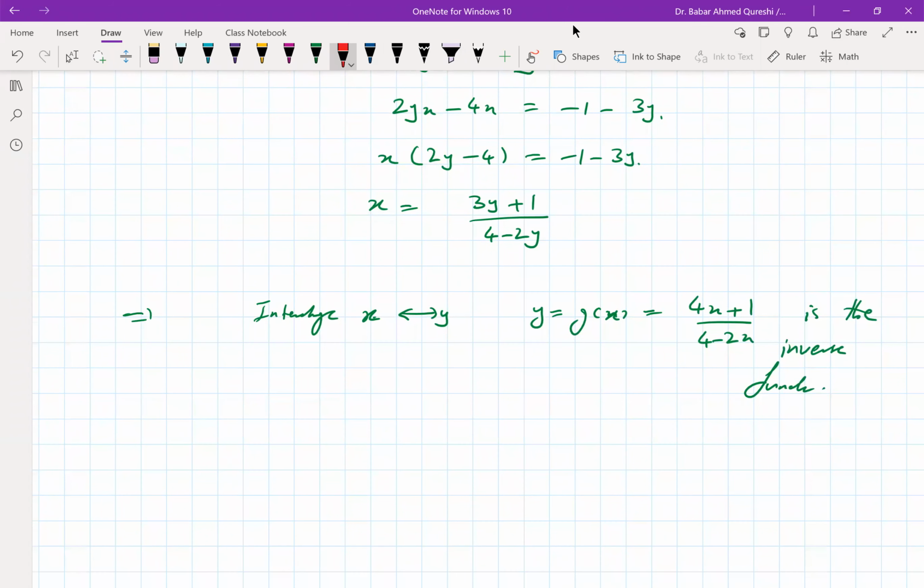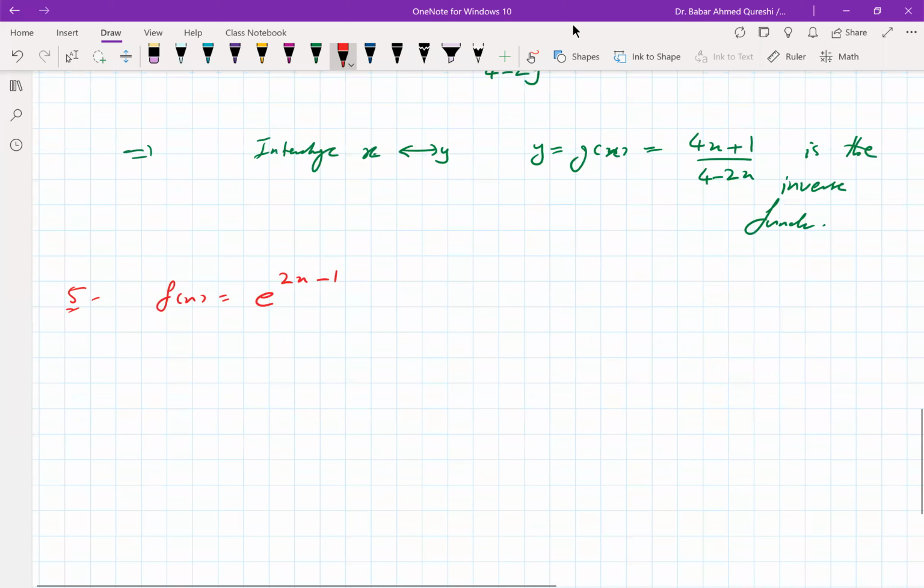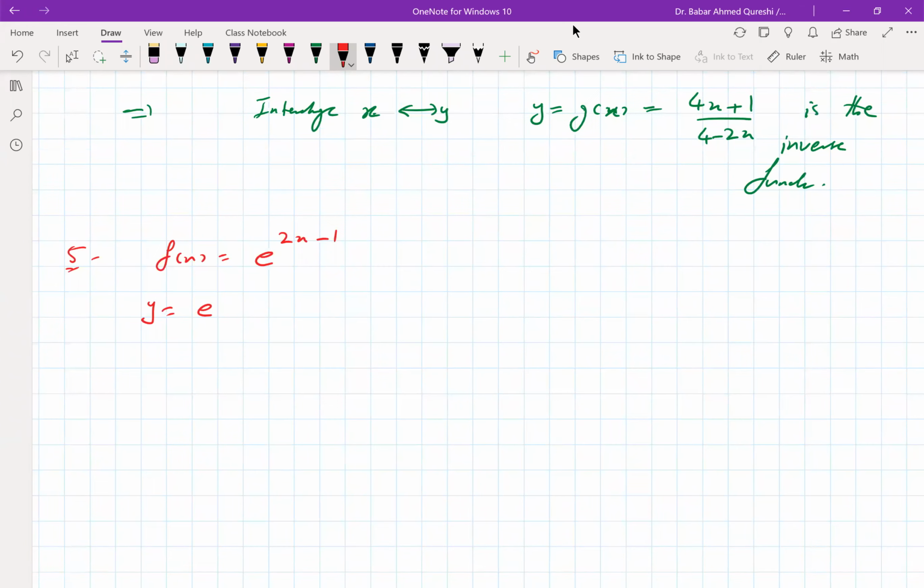Take another example. Invert this. So again, write like this. If you have an exponential and you want to solve for x, always take a log.